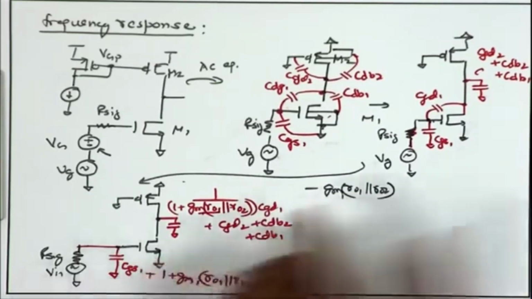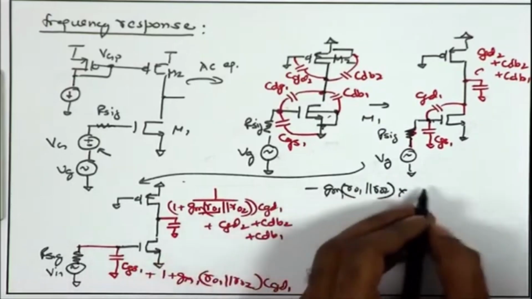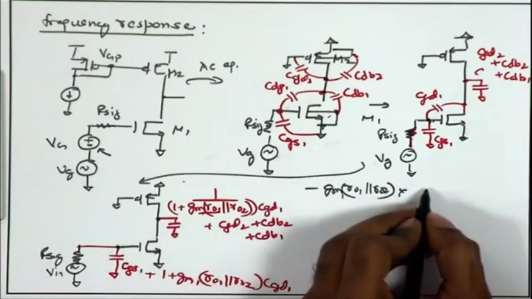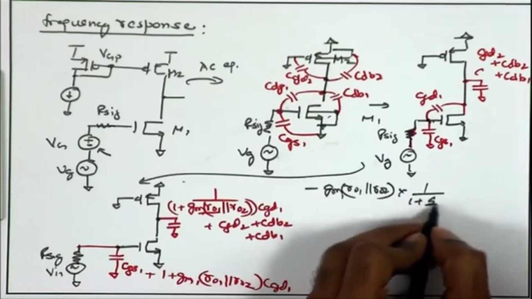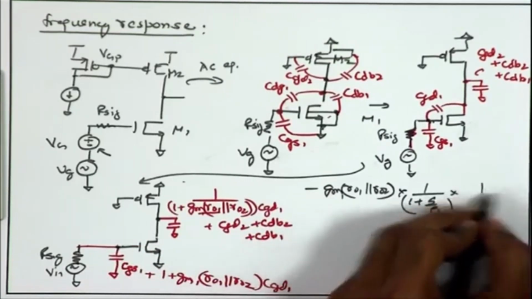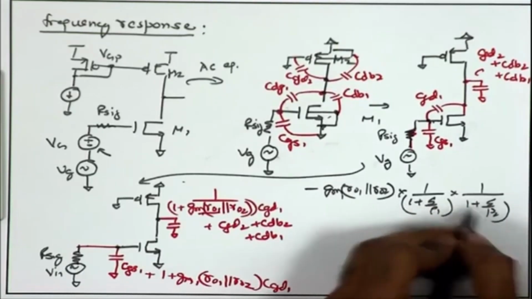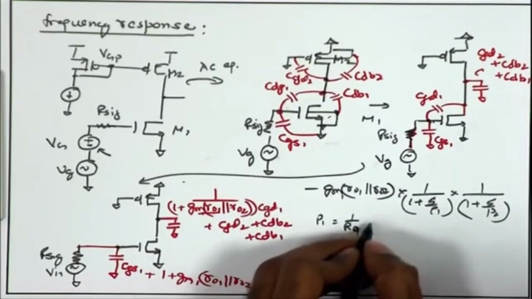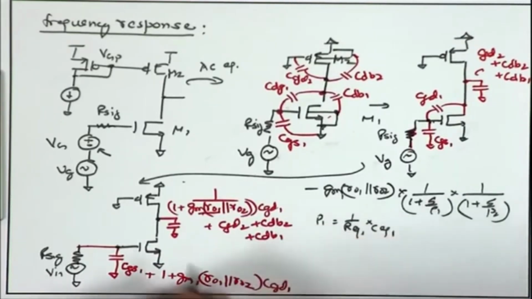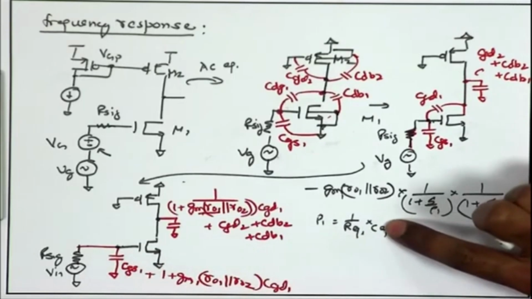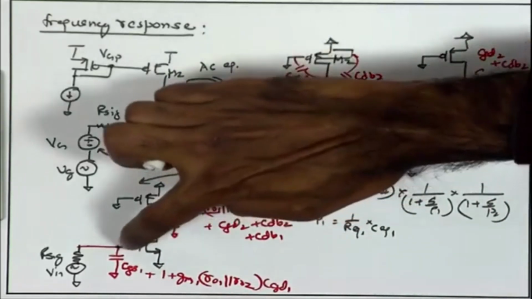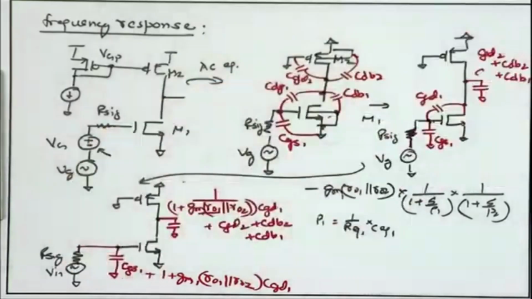This is multiplied by the two factors, the two poles, because in this circuit we have two nodes. So, this gets multiplied by 1 plus S upon P1 and 1 plus S upon P2, where P1 and P2 are 1 upon R equivalent 1 times C equivalent 1, and so on. So, we have found out C equivalent 1, the equivalent small signal capacitance between node 1 and AC ground. Likewise, we have to find out R equivalent 1.